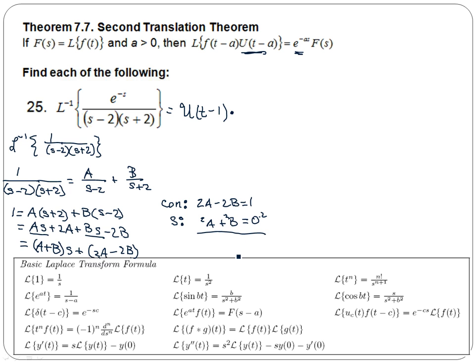The B terms will drop out, and I end up with 4A is equal to 1, or A is equal to 1/4. And then from the second equation, if I bring the A over to the other side, I get B is equal to negative A. So if A is 1/4, B is negative 1/4.